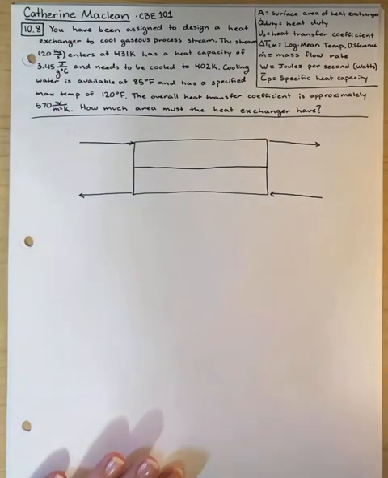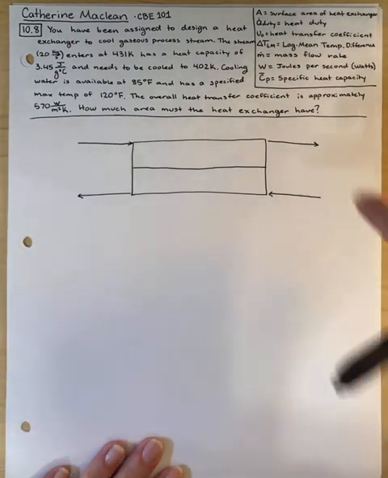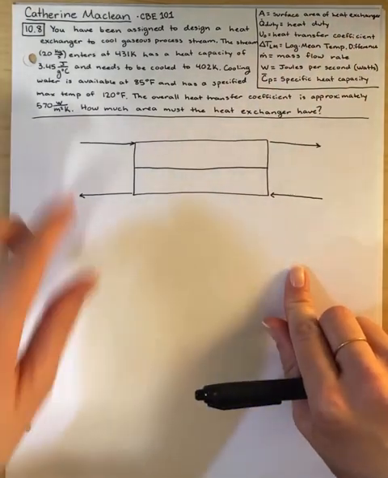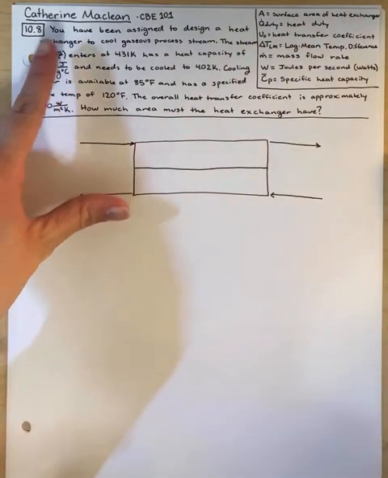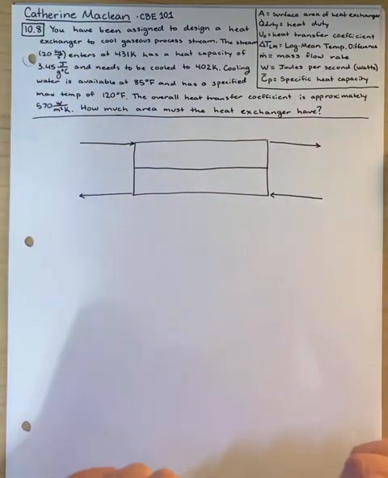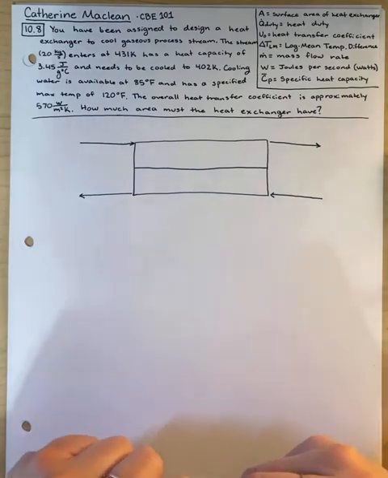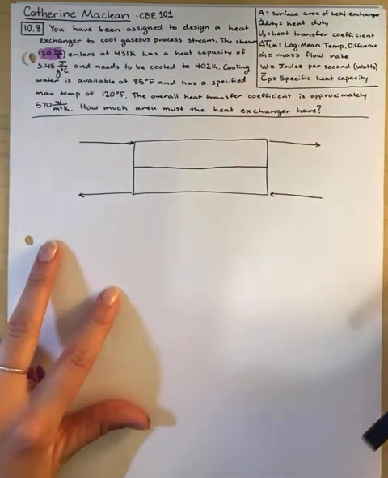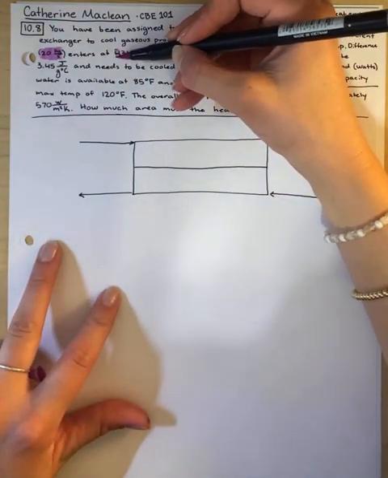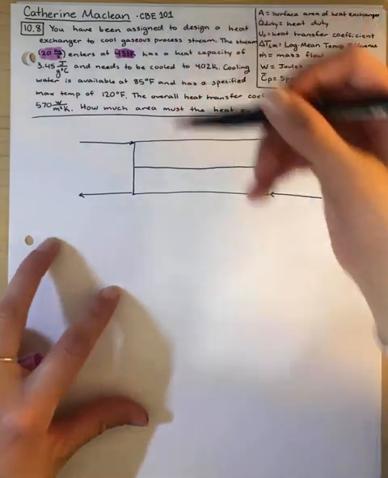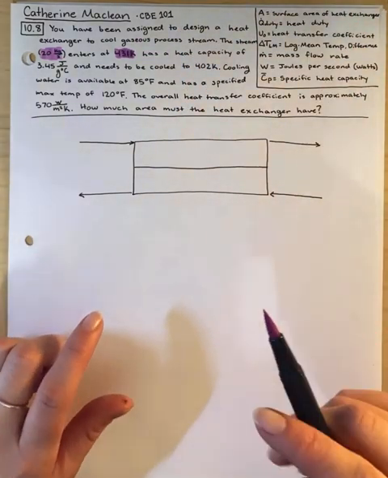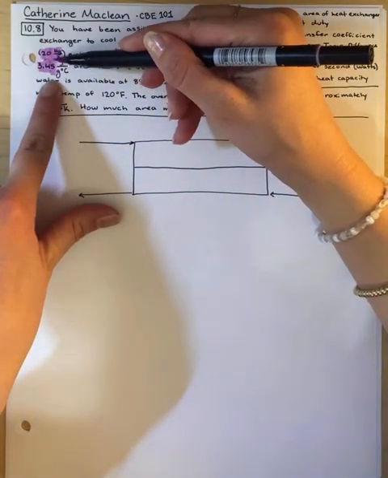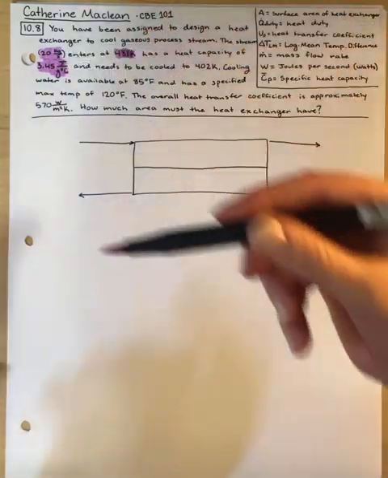Alright, let's start by reading the problem, and I listed out all of our variables here just in case. You have been assigned to design a heat exchanger to cool a gaseous process stream. The process stream enters at 20 kilograms per second, and it enters at 431 Kelvin. It has a heat capacity of 3.45 joules per gram times Celsius.